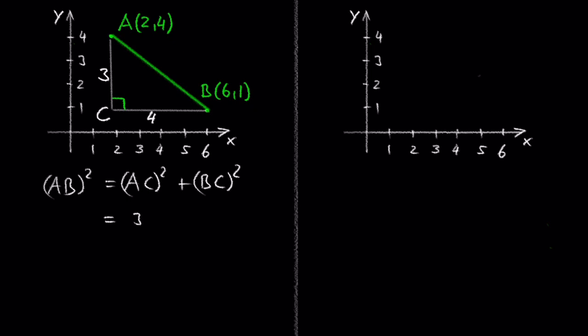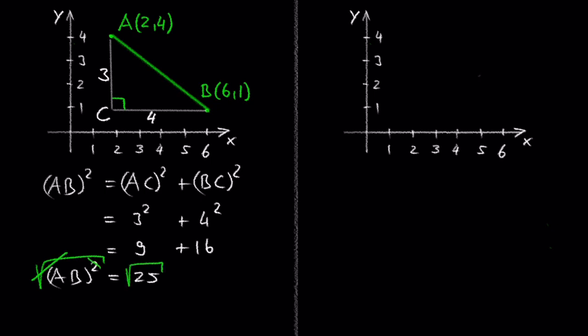So we get 3 squared plus 4 squared. 3 squared is 9 and 4 squared is 16. 9 plus 16 is 25. And the square root of 25 is 5. So the length of AB is 5. In other words, the distance from A to B is 5 units, which is what we are looking for.